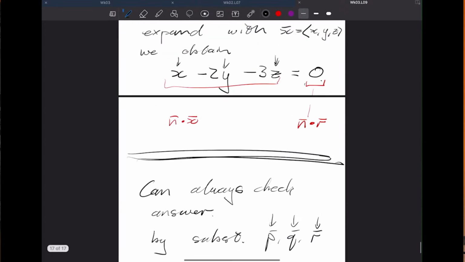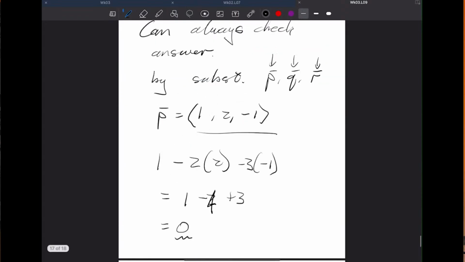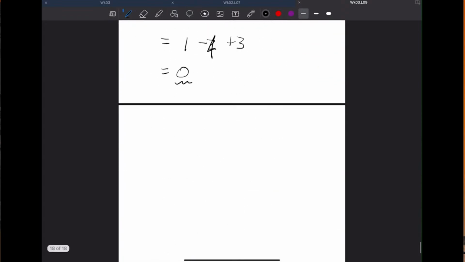That is exactly what we need on the right-hand side. We can also check that Q and R satisfy our Cartesian equation.